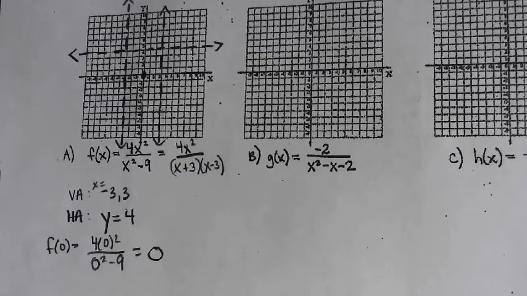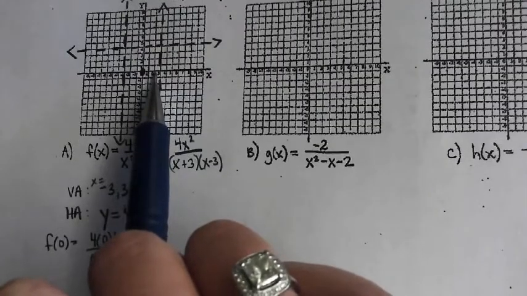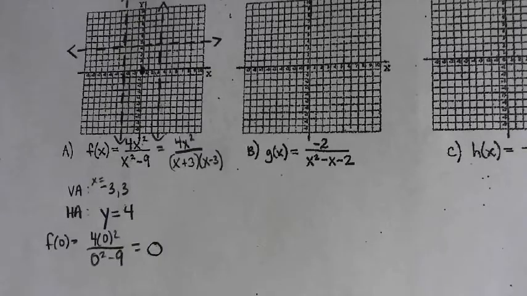To figure it out, you have to play around with points a little bit. And you don't need exact values. But if you plug in a 2, for example, are you going to get a positive number or a negative number? 2 squared is 4. 4 times 4 is 16. 16 over 2 squared is 4. 4 minus 9 is negative 5. 16 divided by negative 5 is what kind of number?